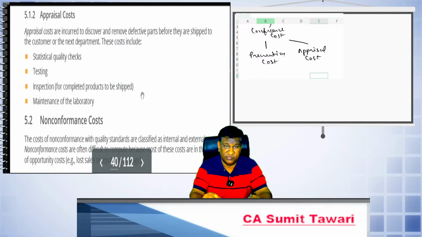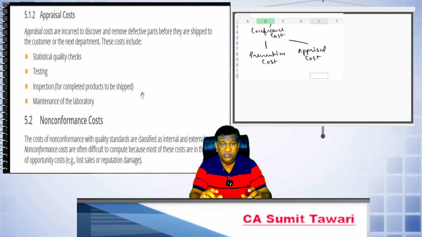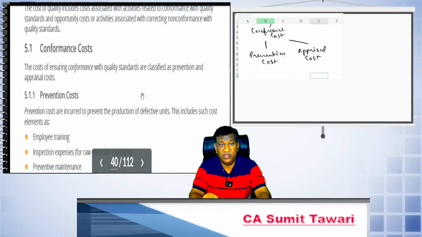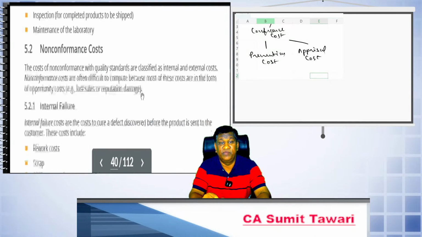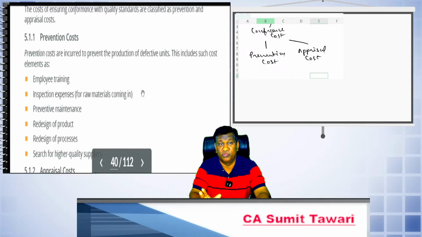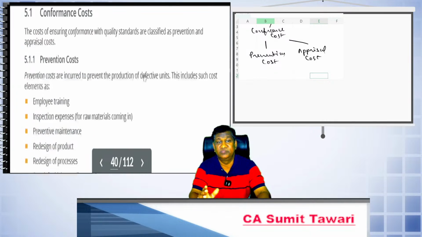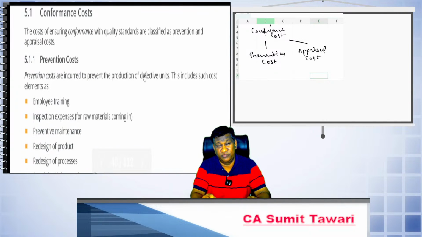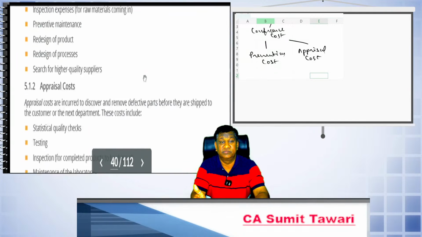You may get a question where you need to bifurcate the costs into preventive, appraisal, internal failure, and external failure, and then conformance and non-conformance cost. Conformance cost means whatever cost we incur before using or before dispatching the material, and non-conformance means whatever cost we incur after identification of some defect.